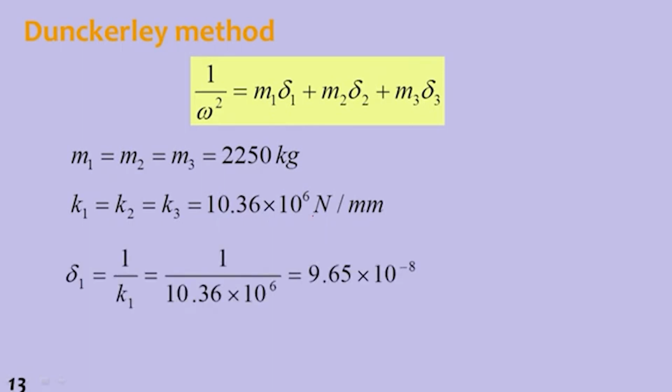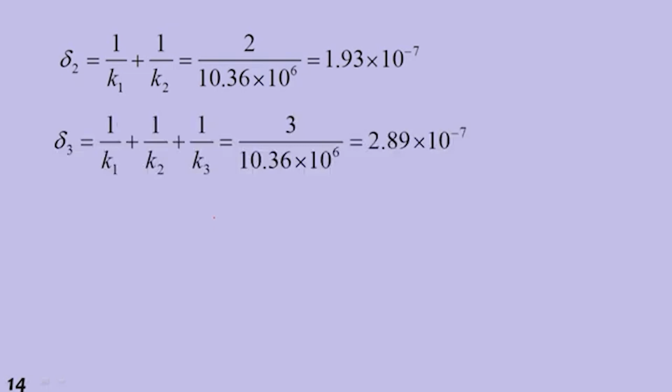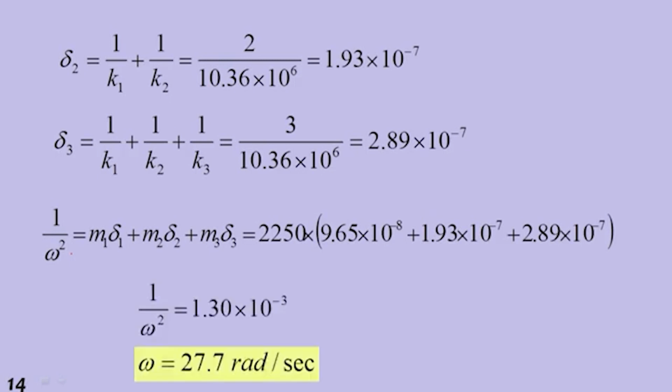If we use those flexibility coefficients, we get delta 1 as 1 by K1, 9.68 into 10 to the power of minus 8, and delta 2 as 1 by K1 plus 1 by K2, so we get 1.98 into 10 to the power of minus 7, and delta 3 as 1 by K1 plus 1 by K2 plus 1 by K3, so delta 3 value is 2.89 into 10 to the power of minus 7. If we substitute all these values in the equation, we get 1 by omega square as 1.3 into 10 to the power of minus 3, and omega as 22.7 radians per second.